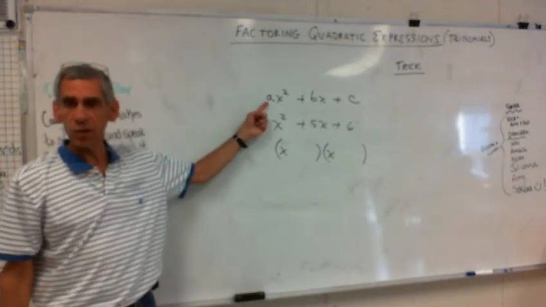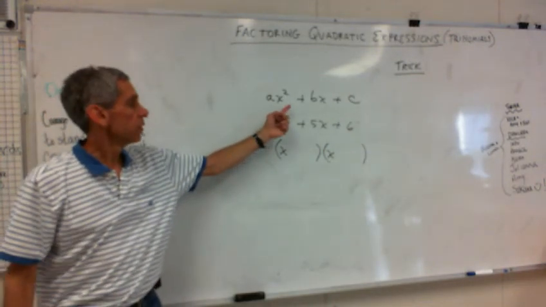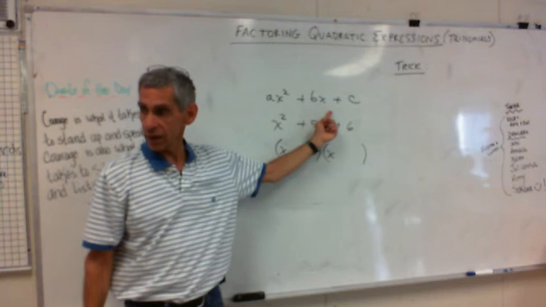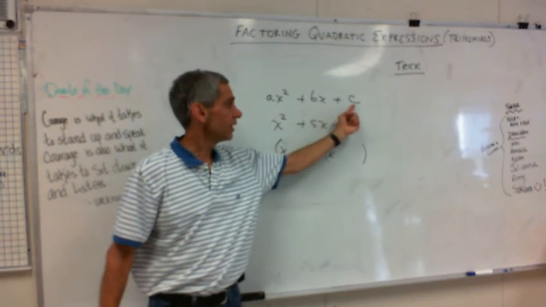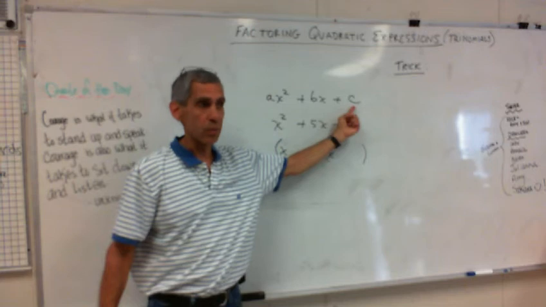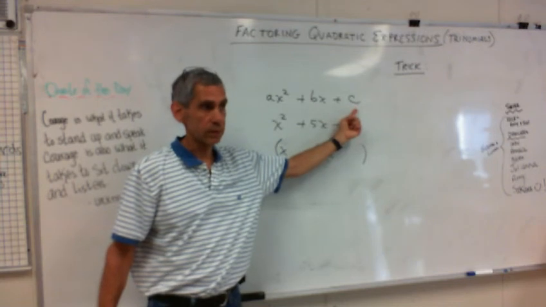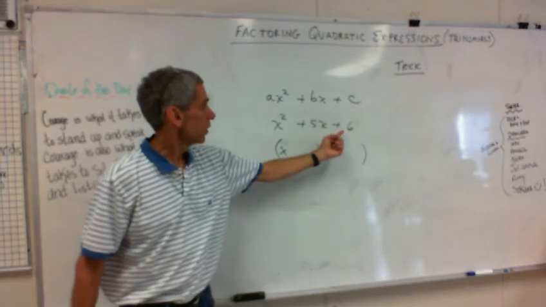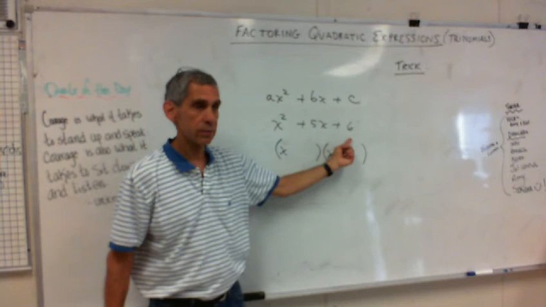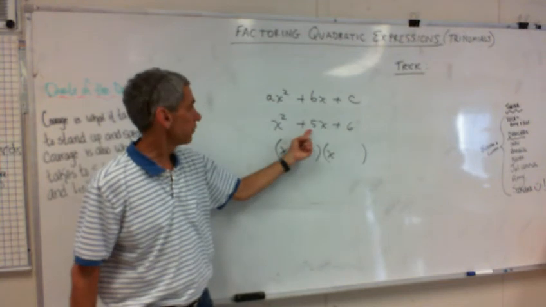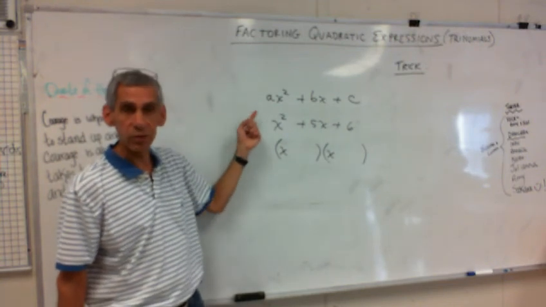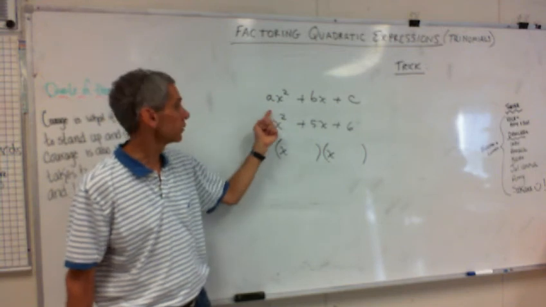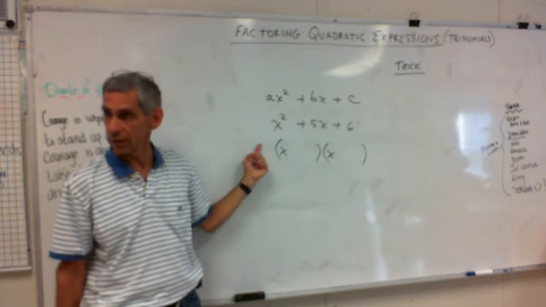So a is your coefficient in front of the x squared. B is your coefficient in front of the x. You with me so far? Does it make sense? Just bear with me. And c is your number that has no x, right? Basically. So c is your 6. B is your 5, a is your 1. So I'm only dealing with quadratic trinomials where a is 1. You with me right now?